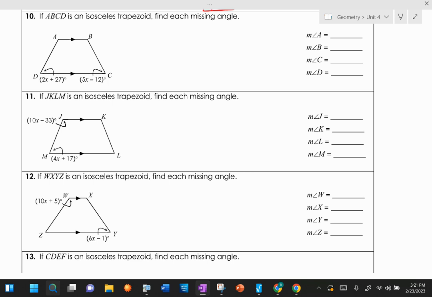Let's do number 11, and then I'm going to go on to the next page. Just number 11.